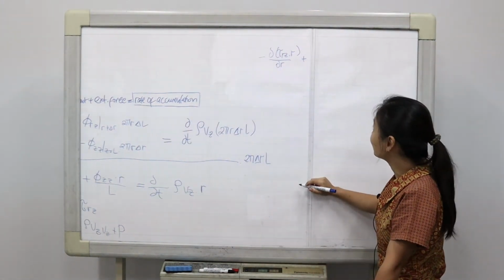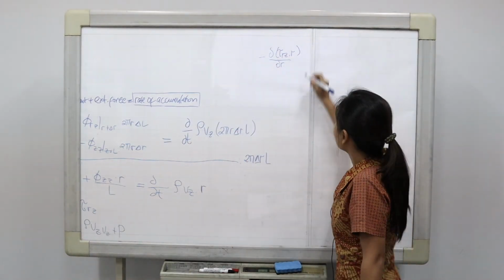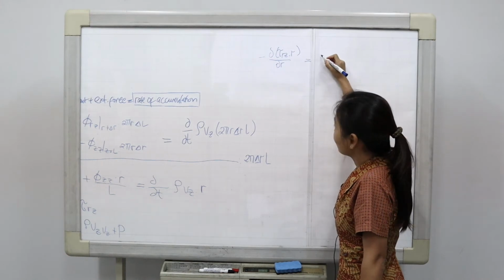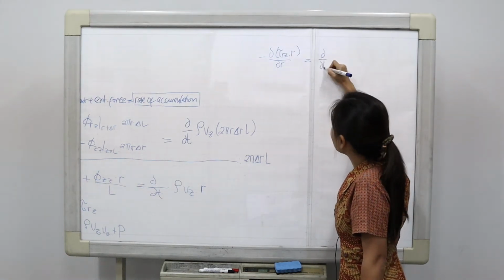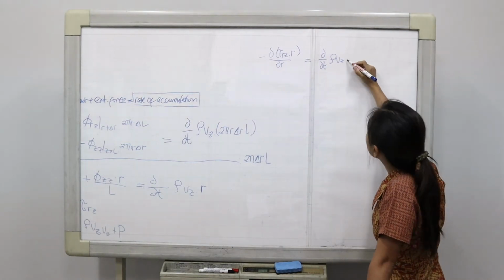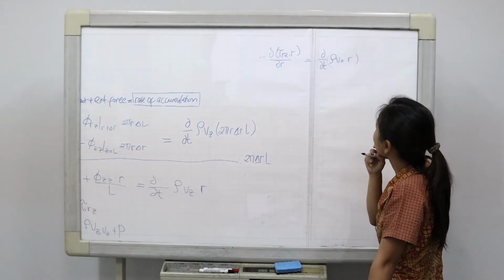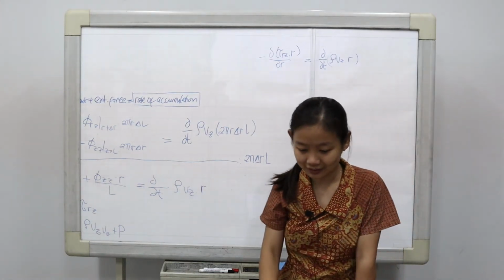Now, what I will have at the end is equal to ∂ over ∂t of rho Vz r. Is that correct? Yes.